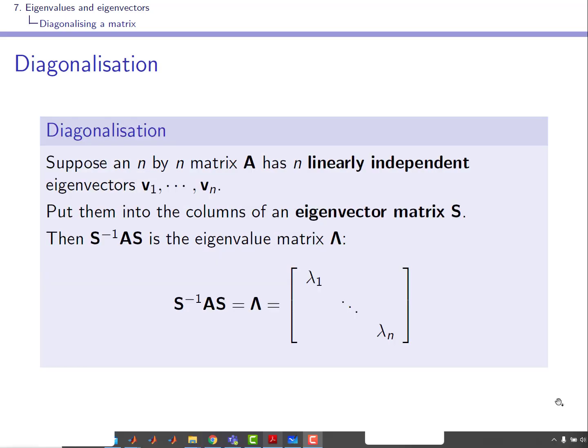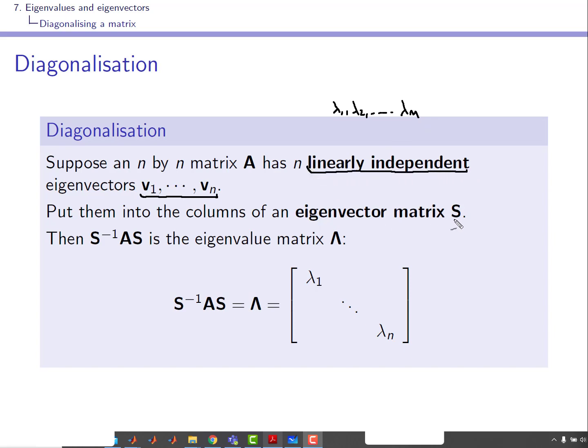Well, suppose a matrix A, n by n, has n eigenvalues, lambda 1, lambda 2 up to lambda n, with associated eigenvectors v1 to vn that are linearly independent.